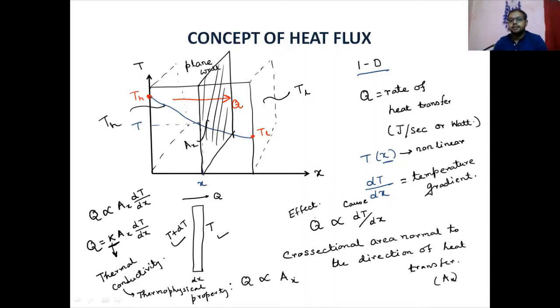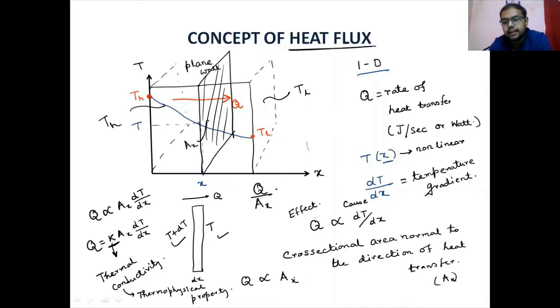So what is heat flux? The concept of heat flux we are talking about is nothing but the rate of heat transfer divided by the cross-sectional area normal to the heat transfer.